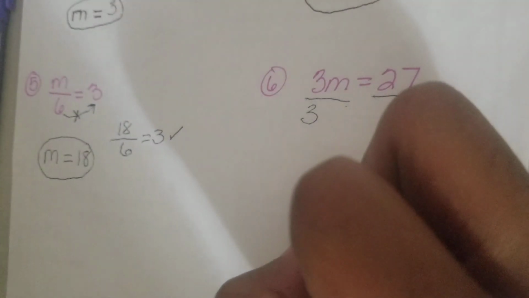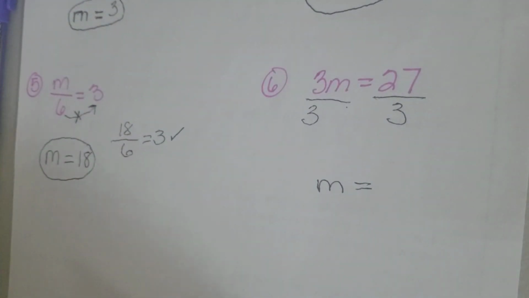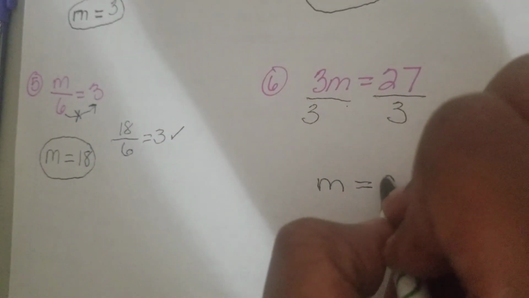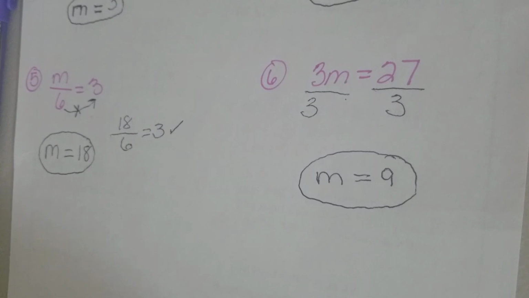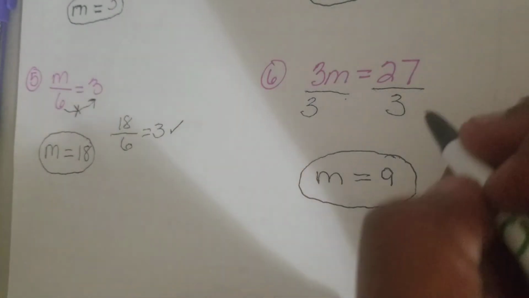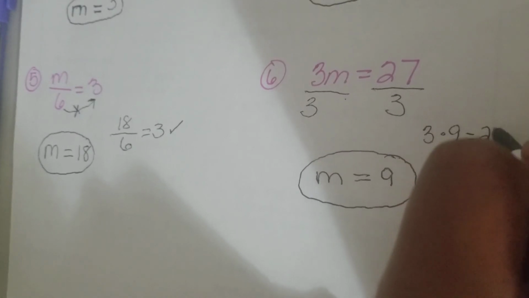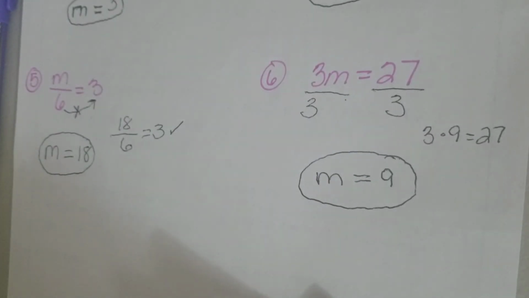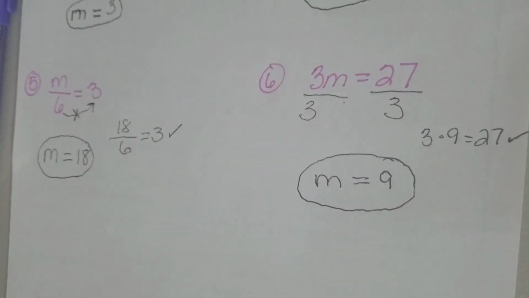What we do here is we bring down our m. We divide 27 divided by 3. It's 9. Okay? And then we check it. 3 times 9 equals 27. I believe that checks out. And there we go.